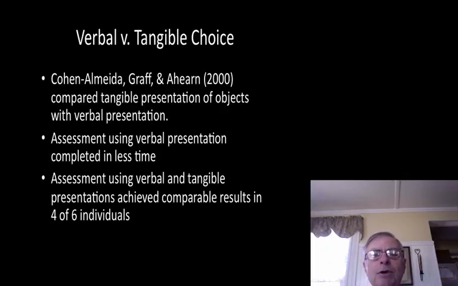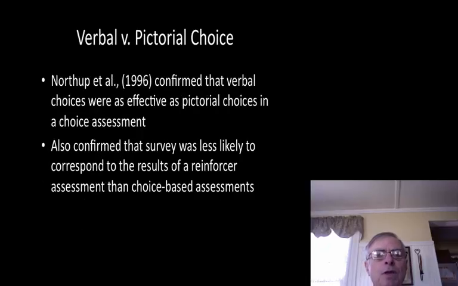So if you're dealing with somebody that's severely or profoundly retarded, you're going to have a lower probability that verbal presentation is going to work as good as the presentation of the actual object itself. Assessments using verbal presentation were completed in less time. Assessments using verbal and tangible presentations achieved comparable results in 4 of the 6 subjects in their study. But again, I think it has a lot to do with the cognitive functioning level of the individual.